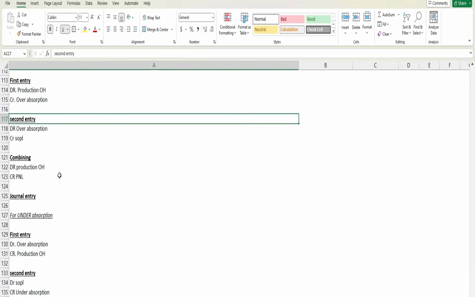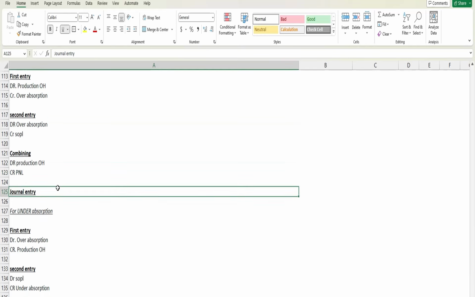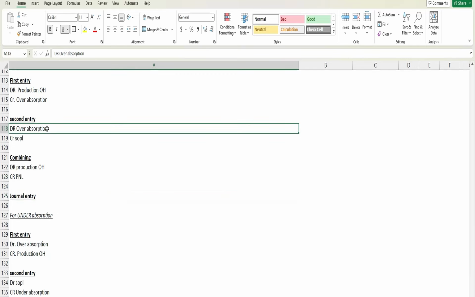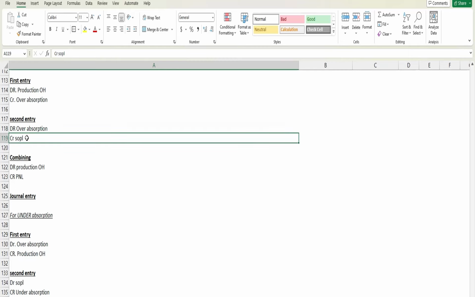The second entry is adjusting the P&L. We will debit the over absorption, which reduces the absorbed overhead from the previous step, and we will credit the P&L. As I said, it is a profit.